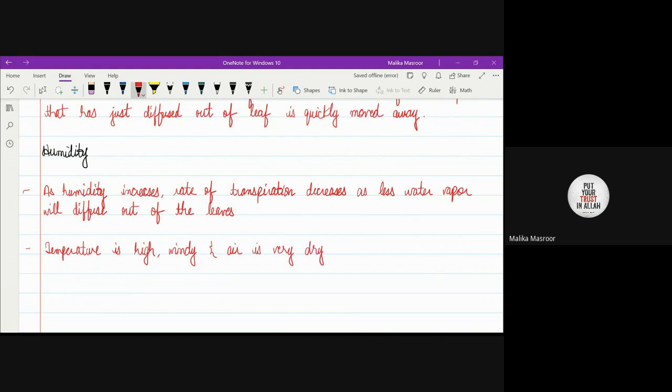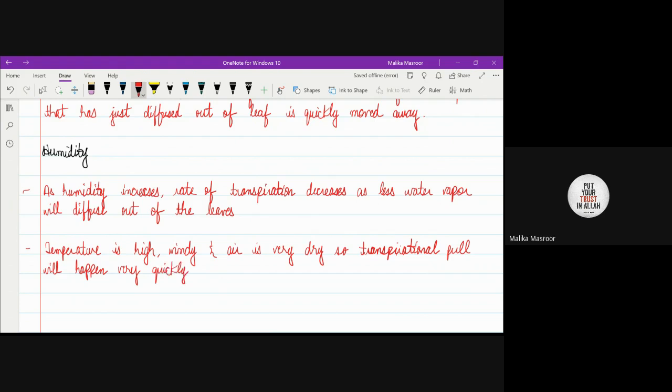So transpiration will happen very quickly. This is a combination of conditions. They have asked about this in some paper, I think, so that's why I talked about this.